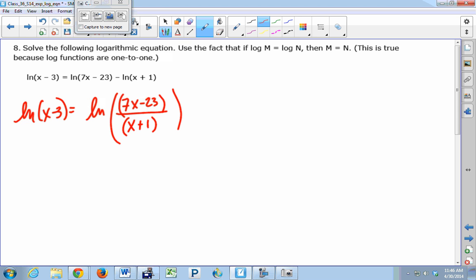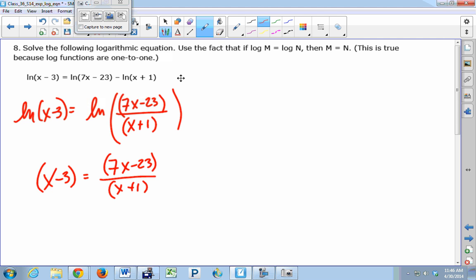We got the same bases here. Whenever you see an equation like this, you can simply remove the natural log, because to make these equal, you have to make x minus 3 equal to this expression, 7x minus 23 over x plus 1. So this simply becomes x minus 3 equals 7x minus 23 over x plus 1.